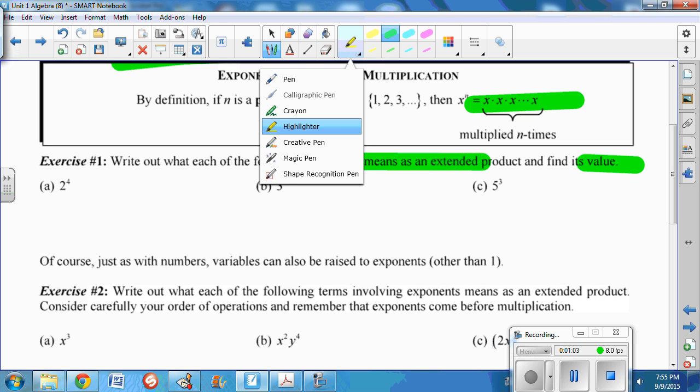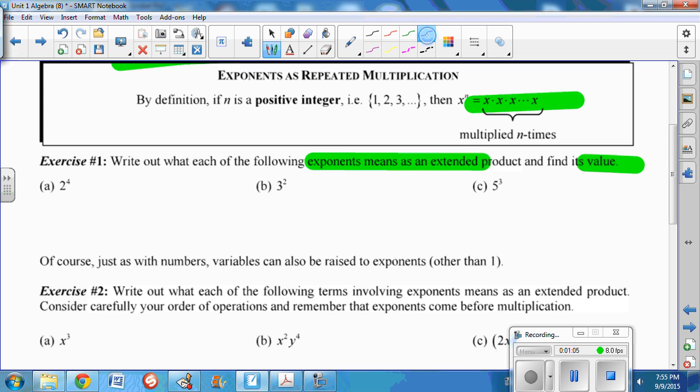So that first one is 2 to the 4th, so we know that means 2 times itself 4 times. And doing that multiplication, we end up with that equals 16.